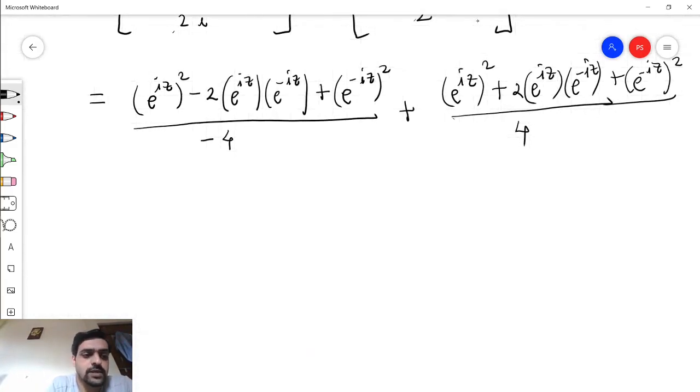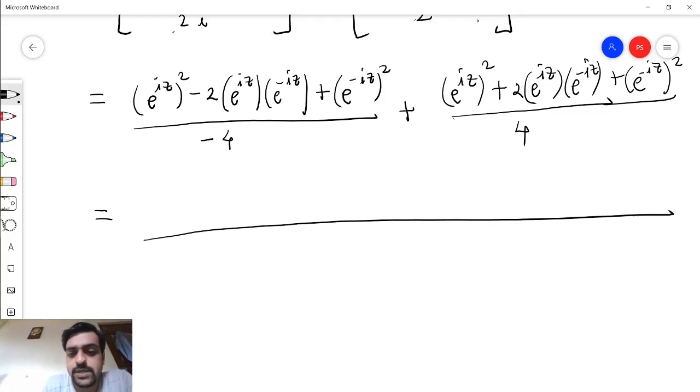Now we can put this minus sign to the numerator part so that the denominators of both these quantities become equal to 4, and we can combine them.